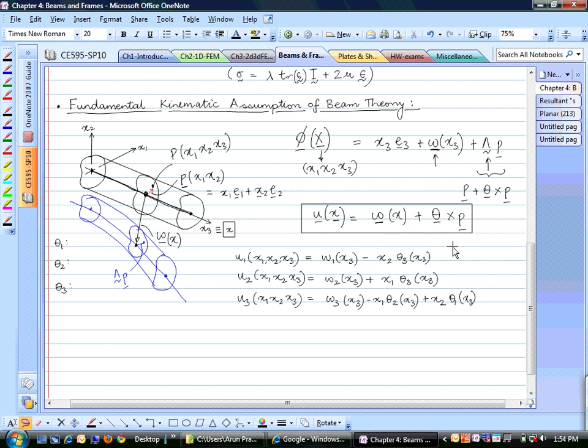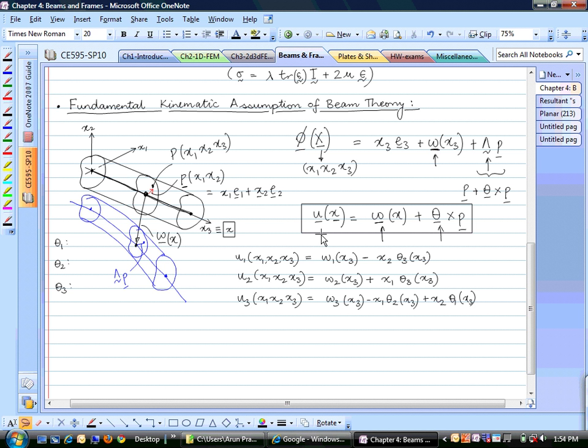The same idea is valid for large strains also, but the math and everything gets a little more complicated there. So once again, the only unknowns here are this displacement w and this rotation theta. What we are saying is, if we can find out w at each and every location, and the theta, which is also a function of x at each and every location, that solves the problem. So we have reduced again the field problem to two variables of a scalar function x.